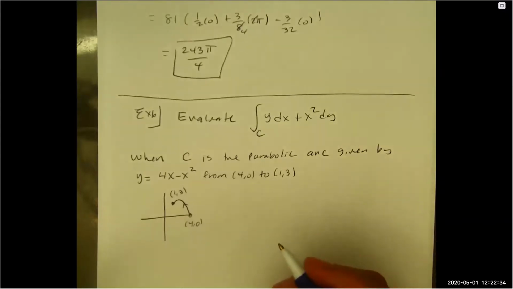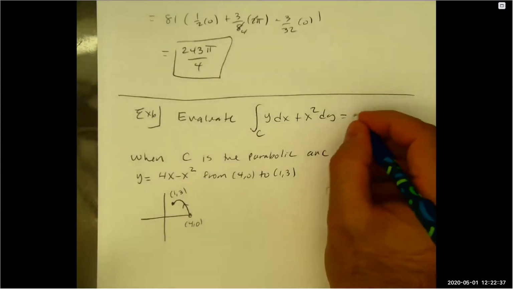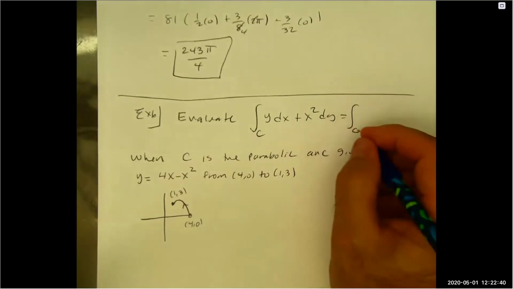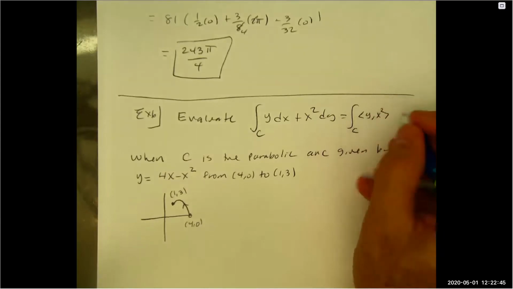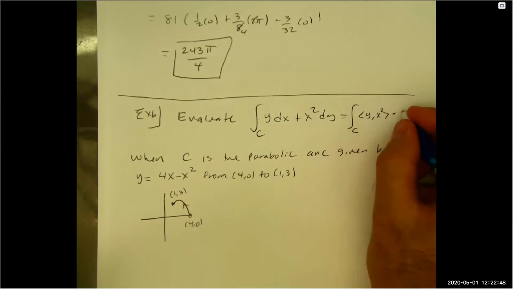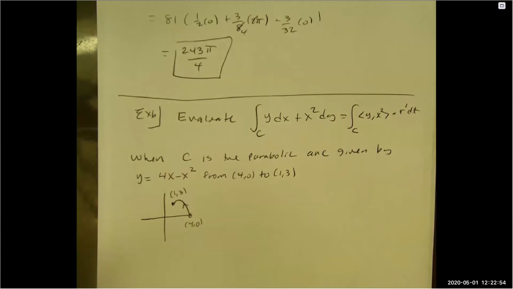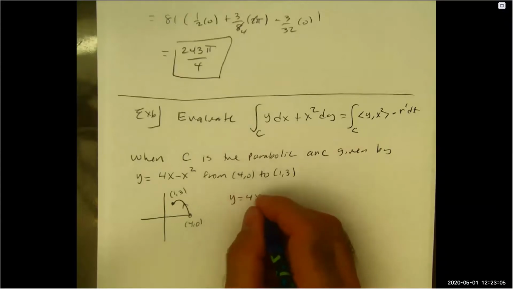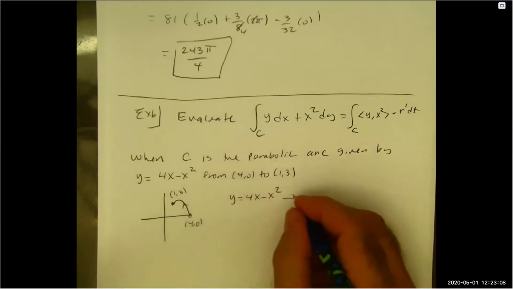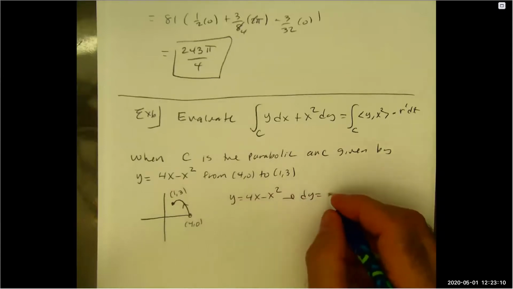So this would be the same thing as the integral over C of y, x squared dotted with r prime dt. It's really just like what we've done before, but now we're doing it in a different form. Since y is equal to 4x minus x squared, dy is going to be 4 minus 2x dx.